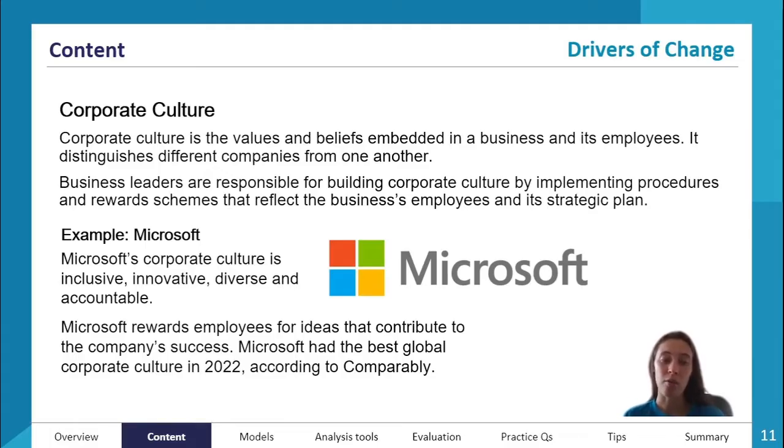And we have Microsoft as an example. Microsoft's corporate culture is said to be inclusive, innovative, diverse, and accountable. So diversity does come into this as well, because you need to have workforce diversity in order to have that inclusion of different people, to not discriminate against people from different backgrounds or different belief systems.